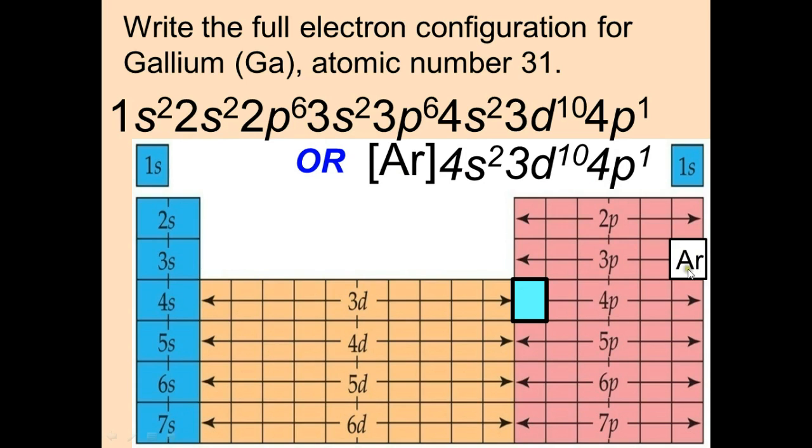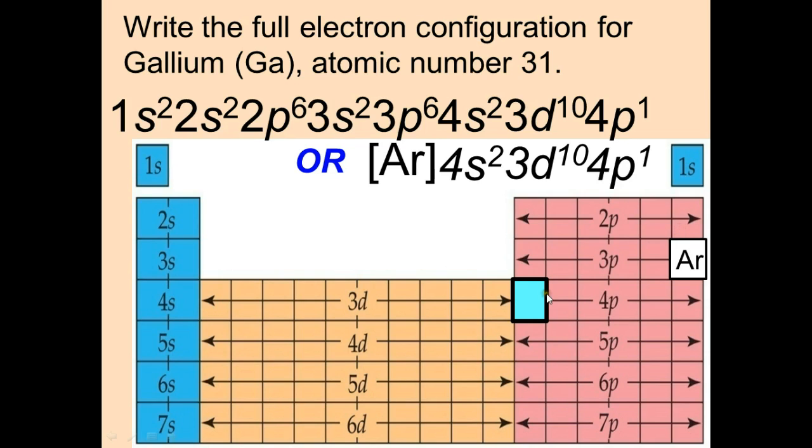So you could have just written argon, and this abbreviates all this, and then we just continue the pattern. So 4s, we write 2 because we have to pass 2 after argon. Then 3d, we write 10 because we passed 10, and then same thing, 4p1.